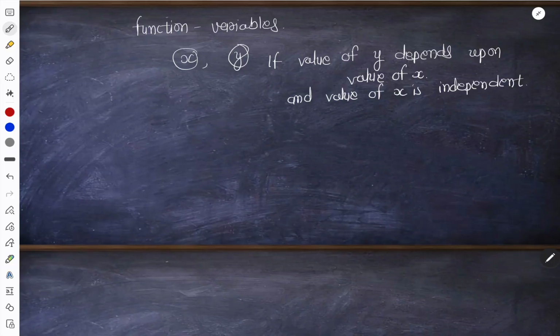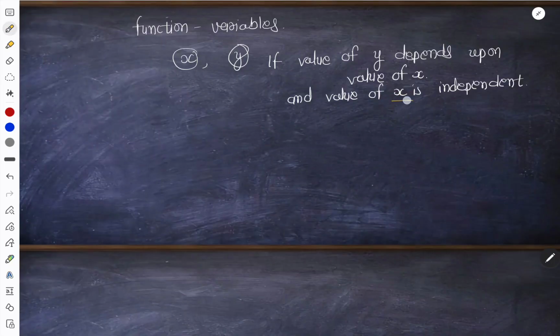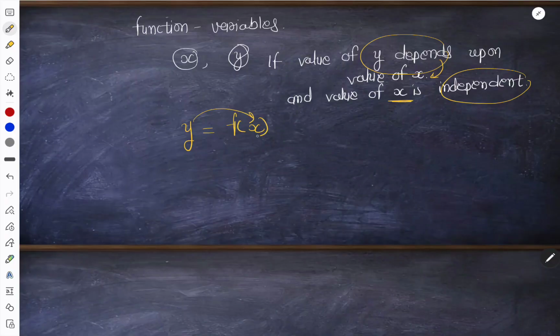Now please keep in mind what I'm trying to say here: the value of x is independent, and the value of y depends on x. So in that case y is called a function of x.